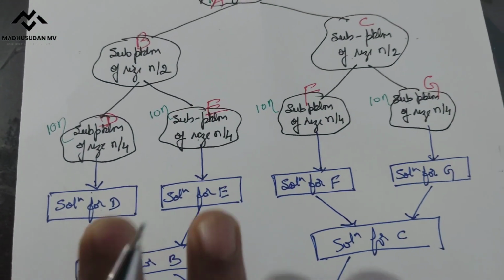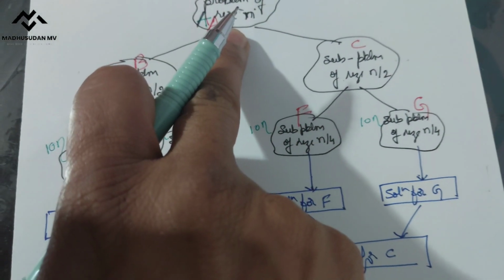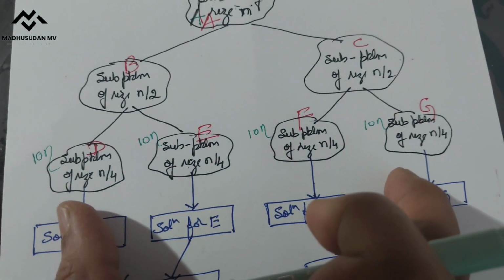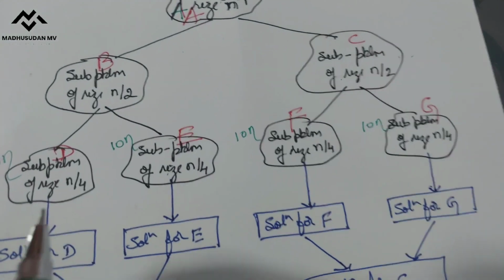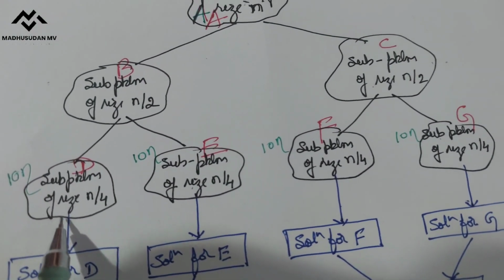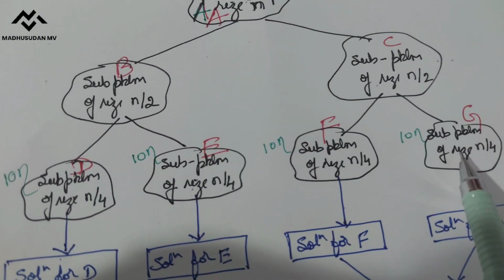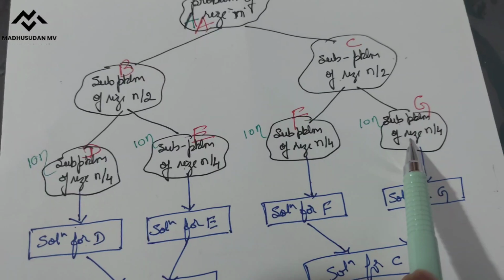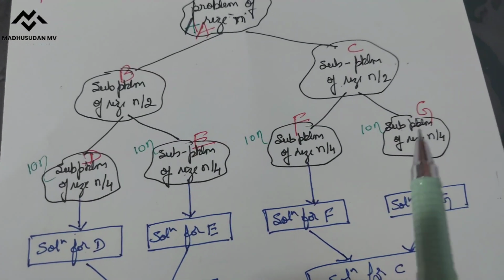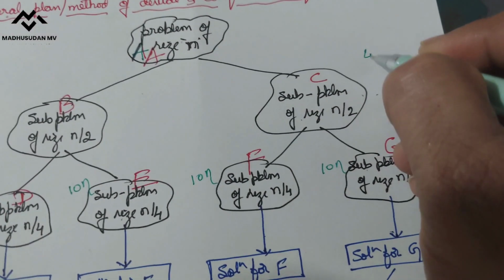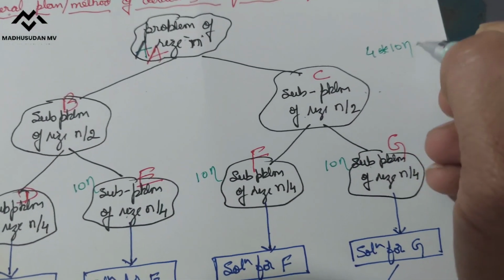So totally to solve this problem, how much time? Because I divided this problem into 4 subproblems at the last level, the time taken to solve one subproblem is 10 nanoseconds. So the total time taken to solve all these 4 subproblems is 10 plus 10 plus 10 plus 10, so it is 40 nanoseconds. But instead of adding multiple times, I can write 4 into 10 nanoseconds.